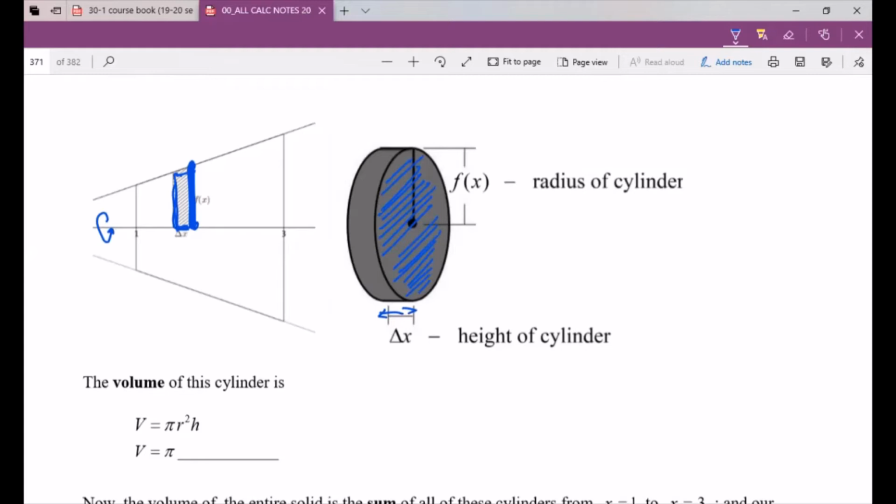Pi r squared h becomes pi times f of x squared, because f of x is the radius. And the height of that ends up being delta x, or when we get to the integral, it's going to be the dx portion.